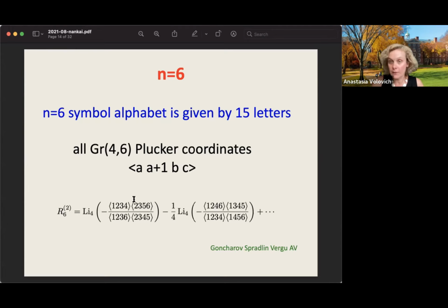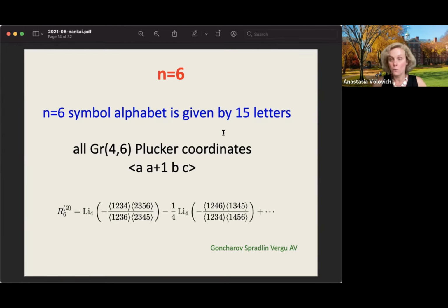What's the symbol alphabet for a 6 point amplitude? What are the different types of brackets that could appear? There'd be only 15 of those: <1234>, <2345>, etc. All you could have here are the Plücker coordinates of Gr(4,6), so they are always of the type <a a+1 b c>. So the symbol alphabet for a 6 point amplitude is given by these 15 letters.